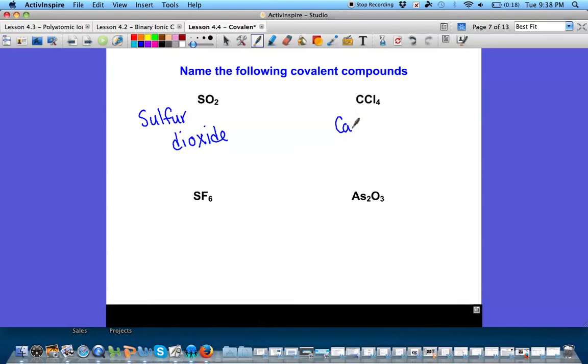CCl4, this is carbon tetrachloride. SF6, this is sulfur hexafluoride.